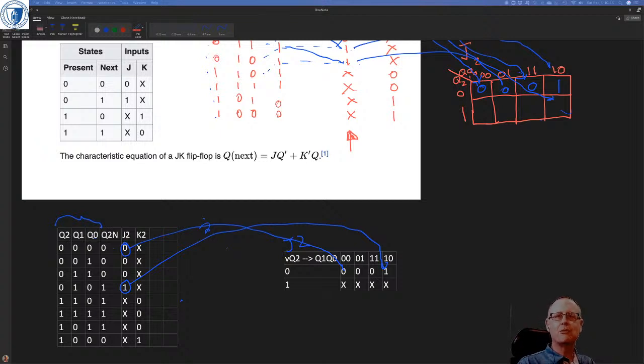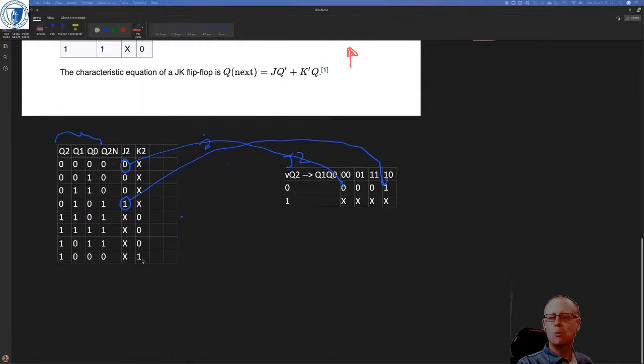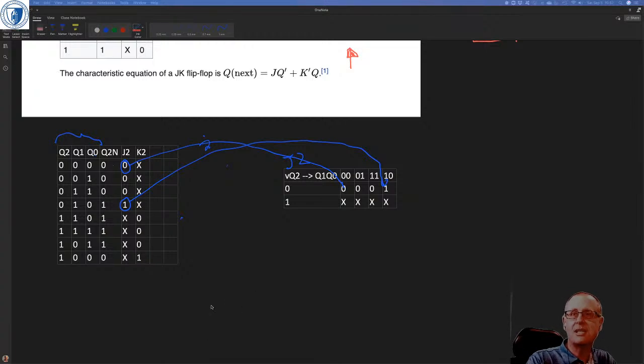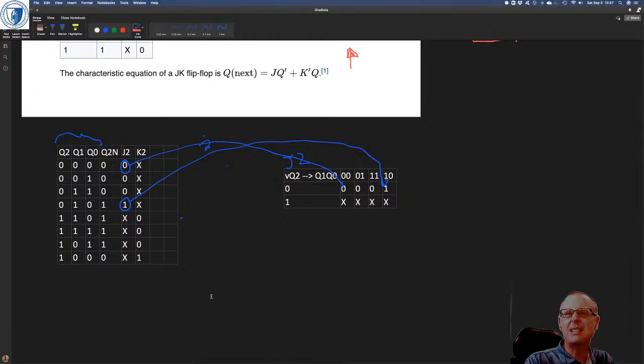Because for every input, we need a Karnaugh map, right?